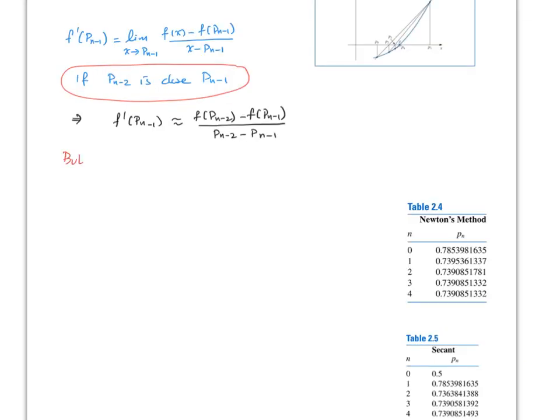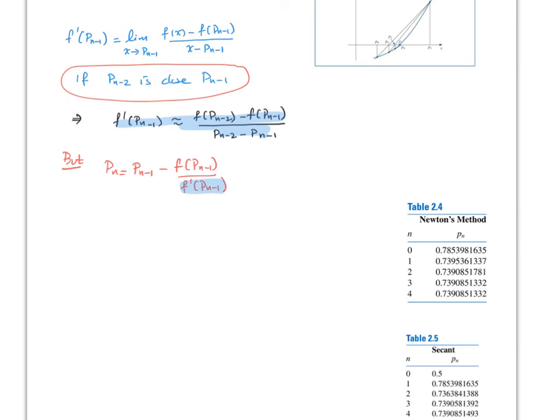But remember that Newton's method was this: p n equals p n minus 1 minus f of p n minus 1 divided by f prime of p n minus 1. So what we're going to do is substitute this in here.